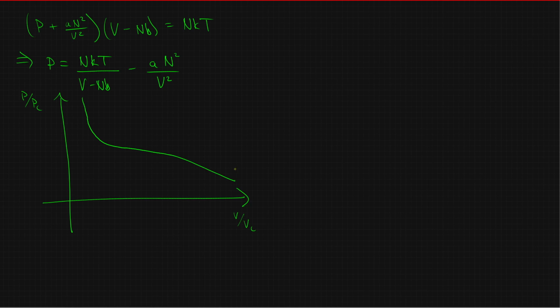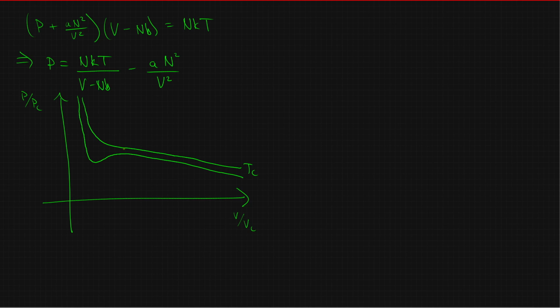So this is a critical isotherm. And the reason it's the critical isotherm is because if you go just a little bit below that in temperature, then you get something that looks like this. So anything below that, it develops a little bit of a valley right here.